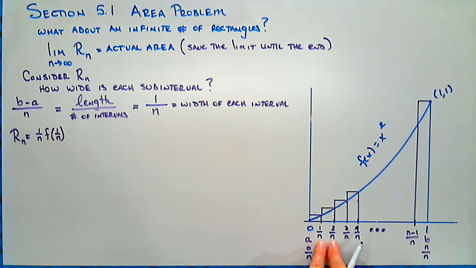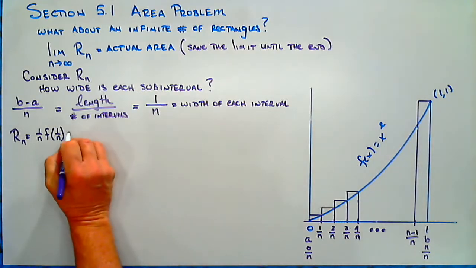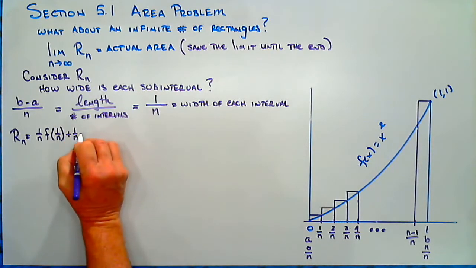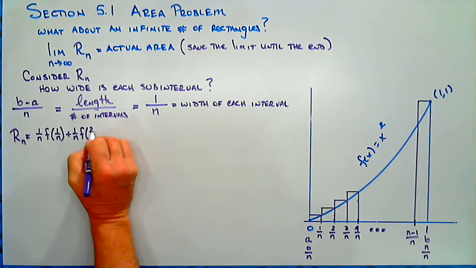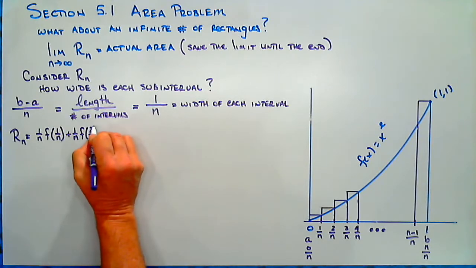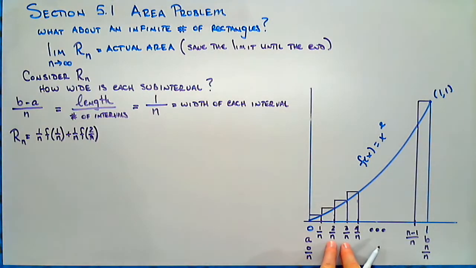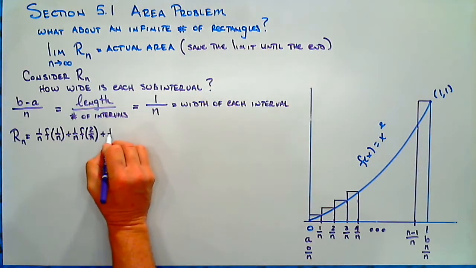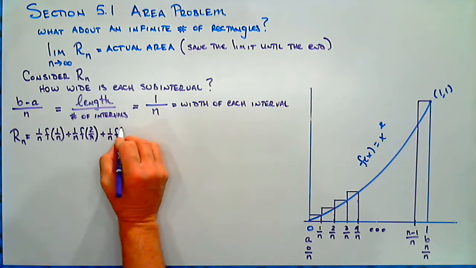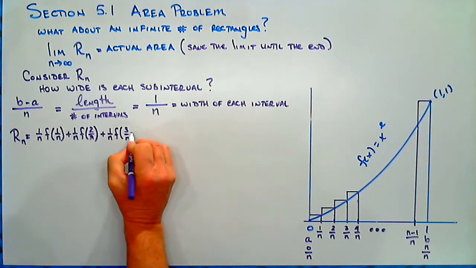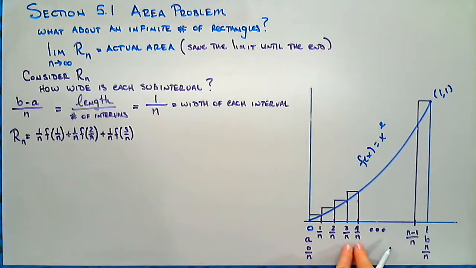Now I switch to this. This is the right-hand side. How wide is this interval? 1 over n. So this is going to be 1 over n, f of 2 over n. Next, we're going to have this interval. This one's on the right-hand side. It's 1 over n wide. Next, we have this one.